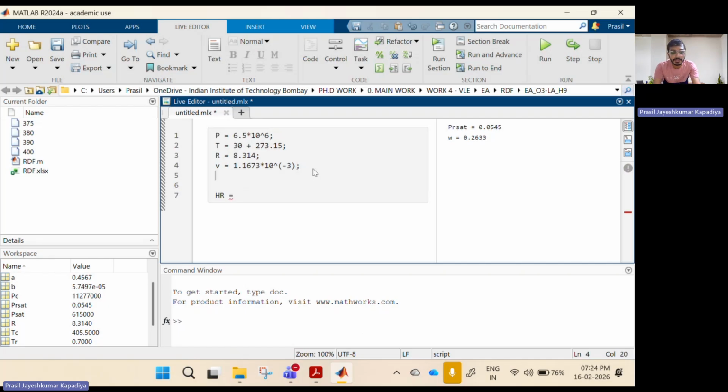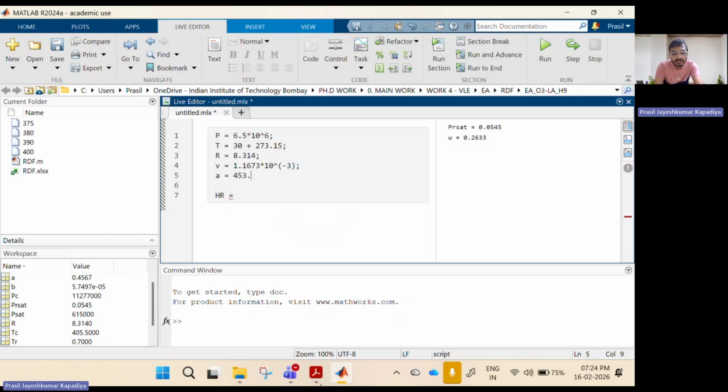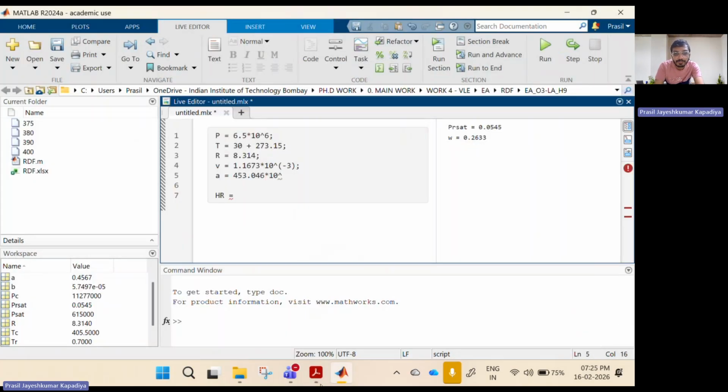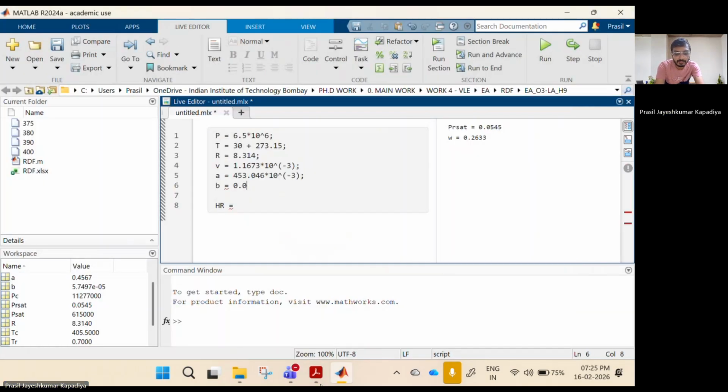My a is equal to 453.046 into 10 raised to minus 3 in SI units, and my b is equal to 0.057 into 10 raised to minus 3 in SI units.